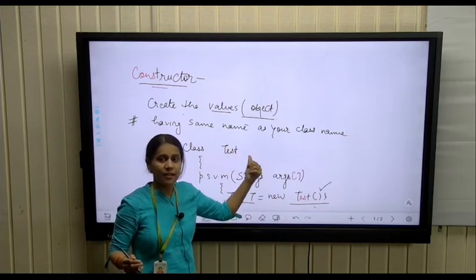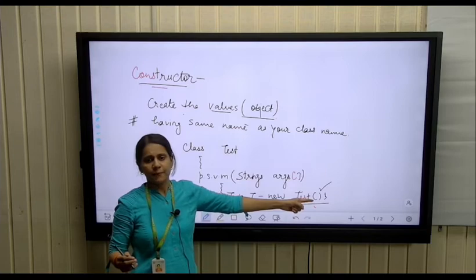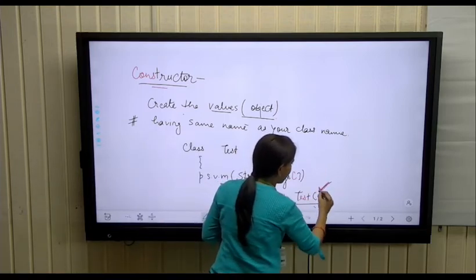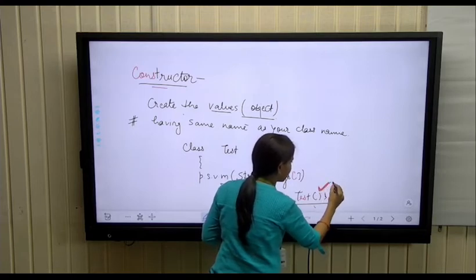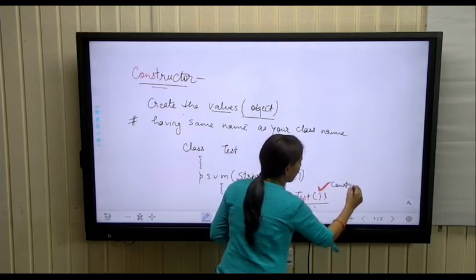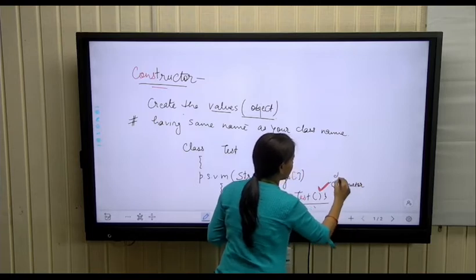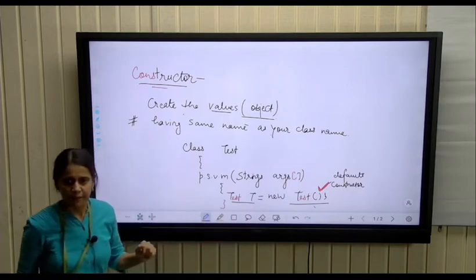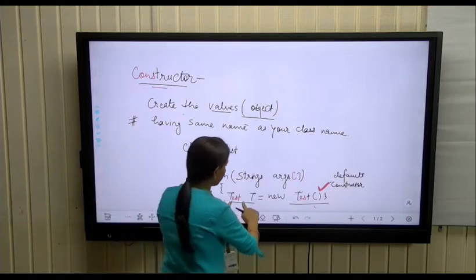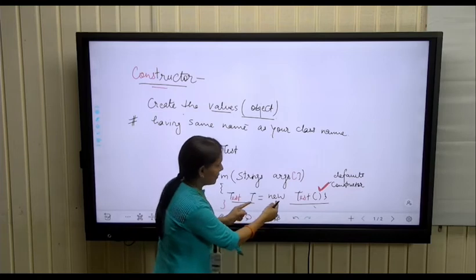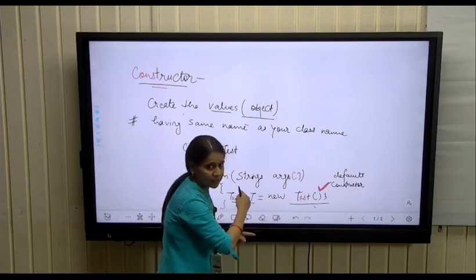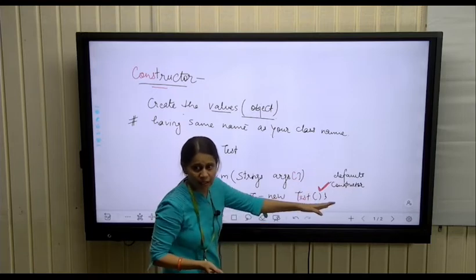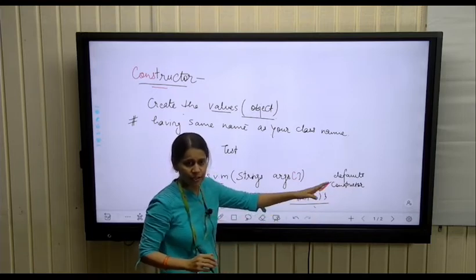So this is the constructor, right? This Test over here which I am writing, that works as the constructor. So this is called the default constructor which Java provides you. Clear? So whenever we are creating the object by using this syntax, this will automatically call the constructor. This is the default constructor which the Java language provides, right?